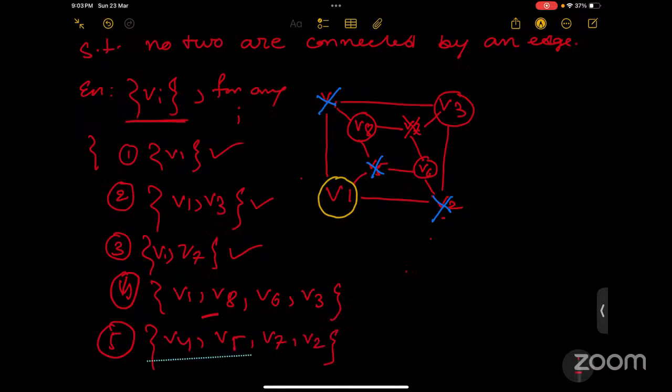So this is another independent set. V6 cannot be part of it, because V7 and V6 are directly connected, and V2 and V6 are also directly connected by an edge.